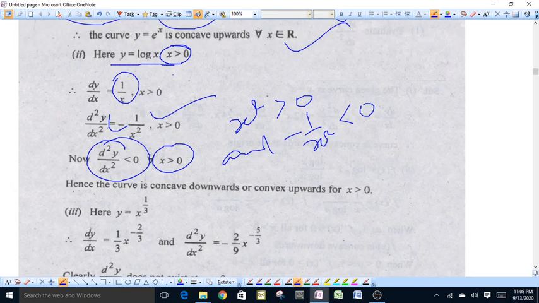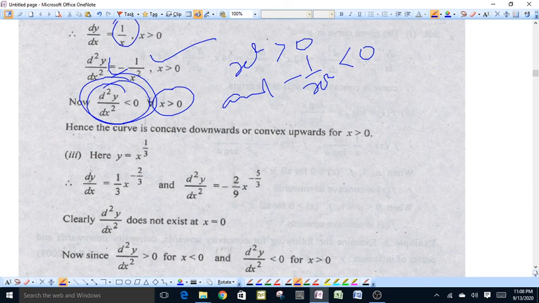This means the curve of this function is always concave downward, because the second order derivative is negative for all values of x in the domain of the function y = log x.